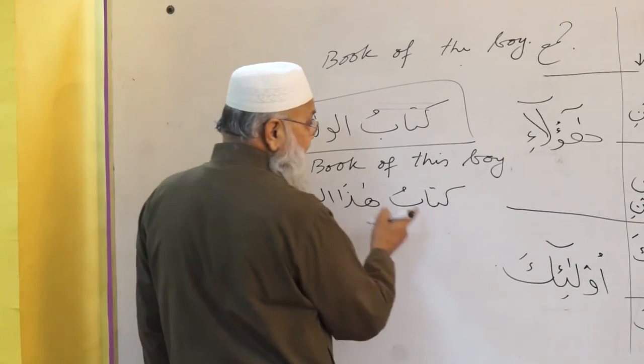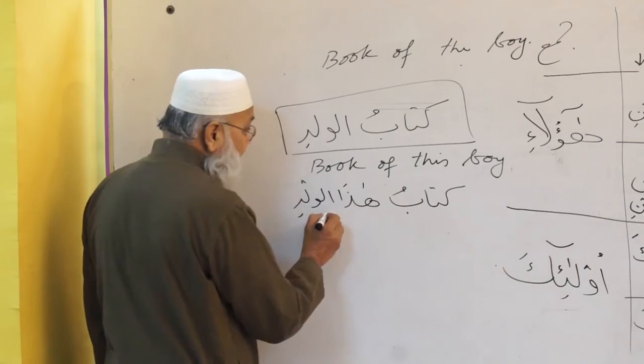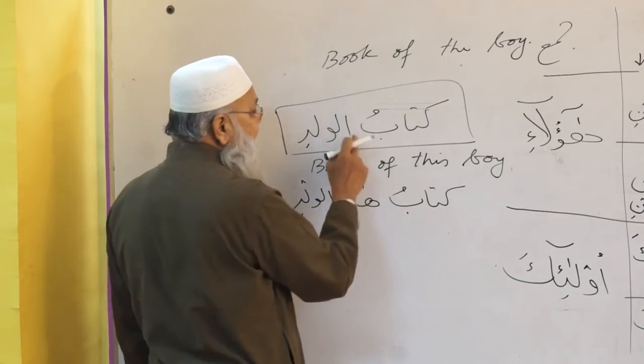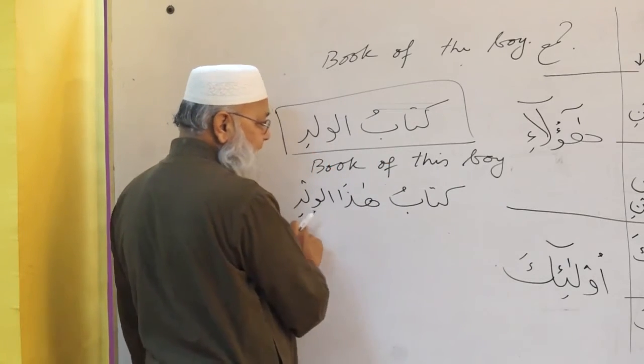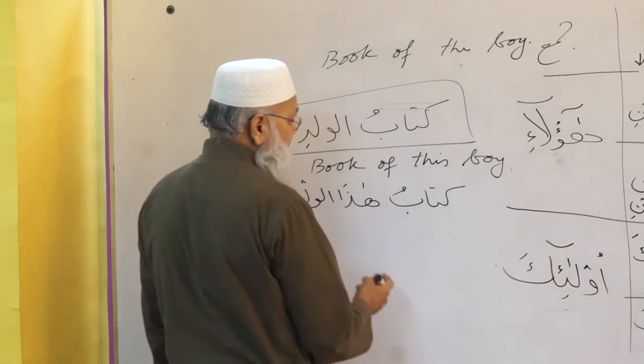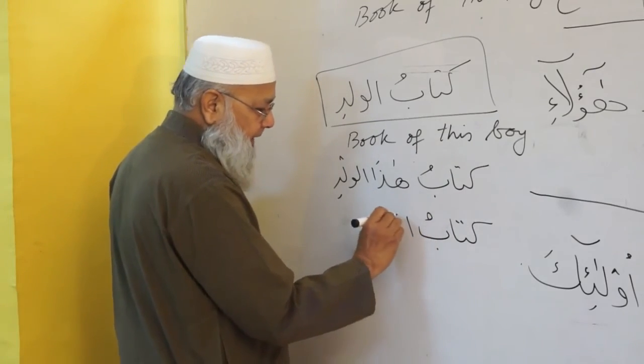But if you have to point to the mudaf ilayh of this construction, in this case, hadha will be in between the two. Kitabu Hadhal Waladi. But when you want to point to the book, then you will have to say Kitabul Waladi Hadha.